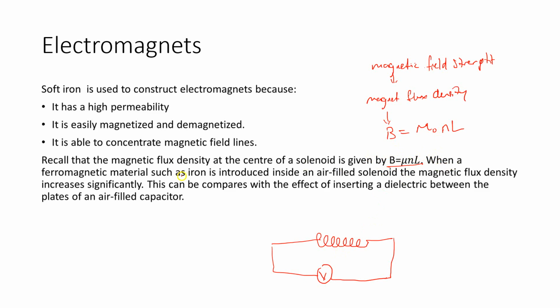It says that when a ferromagnetic material such as iron is introduced inside an air-filled solenoid, the magnetic flux density increases significantly. And it says that this can be compared with the effect of inserting a dielectric inside of the plates of an air-filled capacitor.